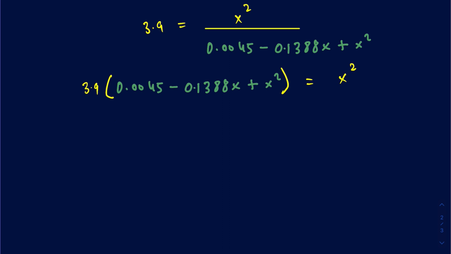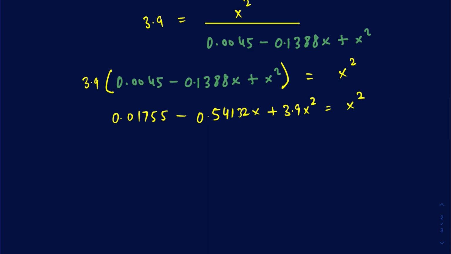So that's going to be 0.01753 5, and then minus, I have 3.9 times 0.1388. That's going to be 0.54132x, and then I'm going to have plus 3.9x squared, and that's going to be equal to x squared already.